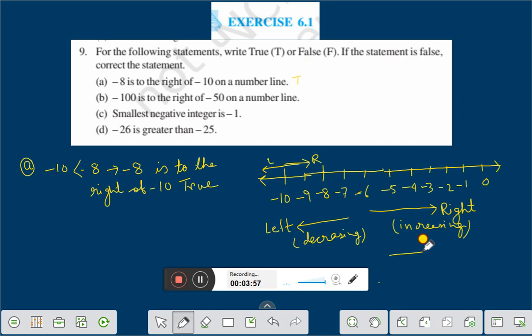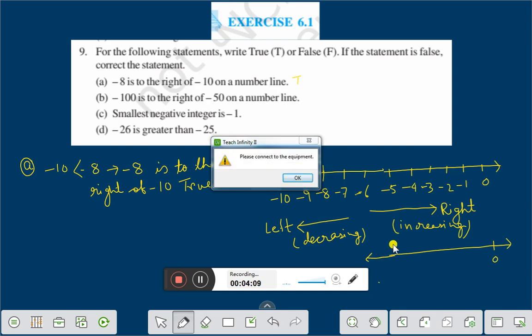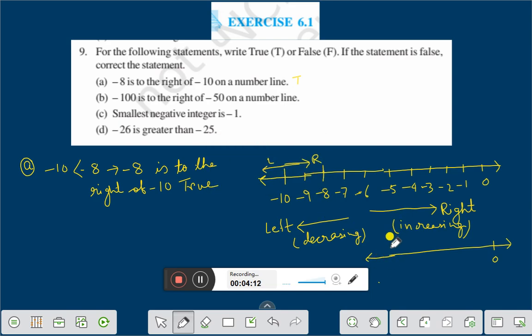Let us take one number line. Suppose this is 0, and we have taken only two numbers. One is minus 100, and this is minus 50.